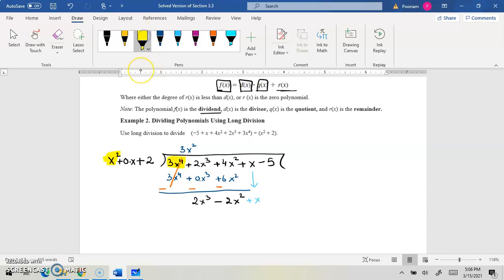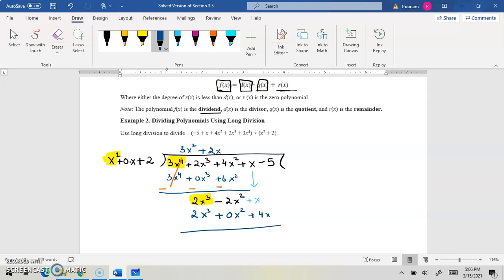Now again, we have to see what should we multiply x square with to get 2x cube. That number would be plus 2x. Let's try it. We will have 2x cube. 2x times 0x would be 0x square plus 4x.